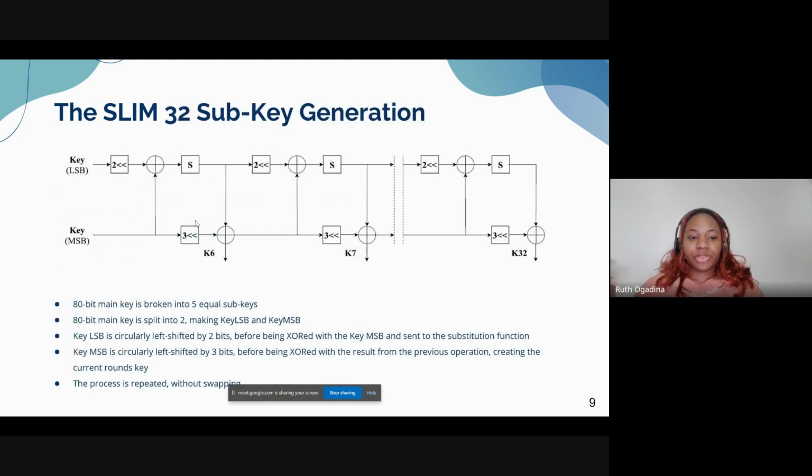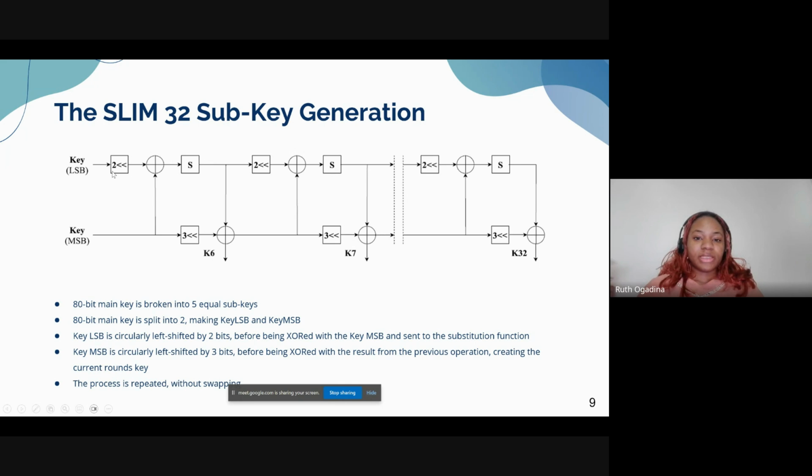So starting with the key generation process, as I said earlier, the SLIM algorithm makes use of an 80-bit key, and the first 5 subkeys are generated from this 80-bit key by dividing it into 5 equal 16-bit subkeys. Afterwards, they are passed through this particular flowchart.